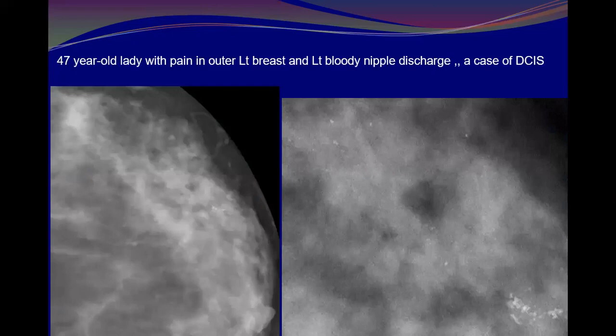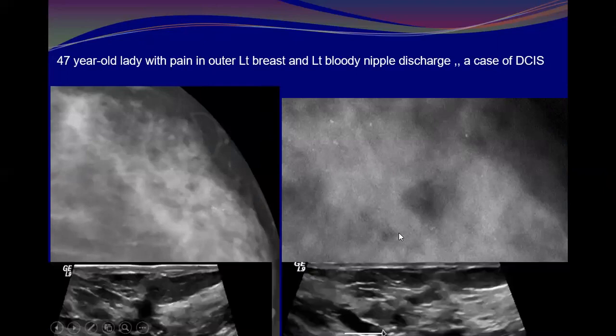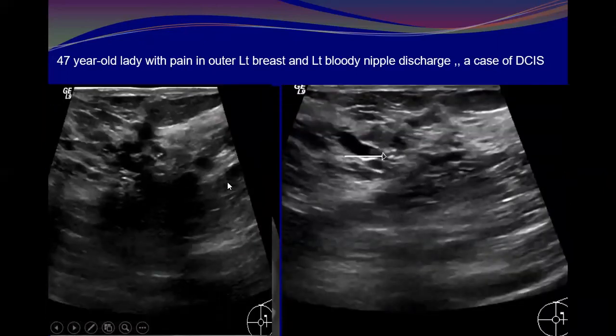This is our patient. Look at this mammography, a dense breast, with calcification barely seen but well appreciated in this spot magnification view. When we did the ultrasound, look, it demonstrates segmental ductectasia, adding a lot of information to mammography, and soft tissue within the ducts.